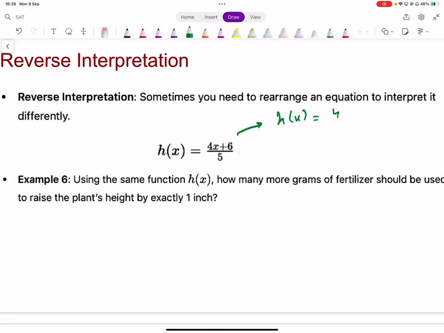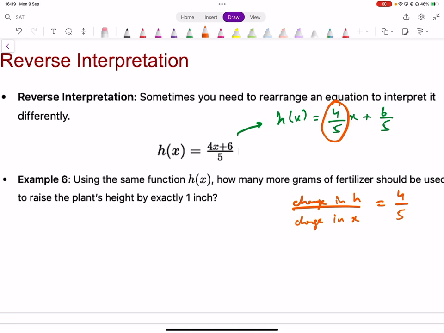H of x equals 4 over 5x plus 6 over 5. What does this gradient represent? Gradient represents change in y over change in x. In this case, it's the change in h over change in x, right? That is 4 over 5.